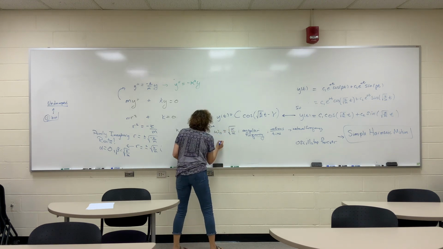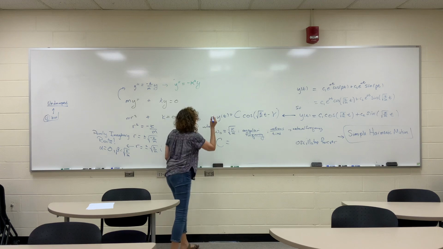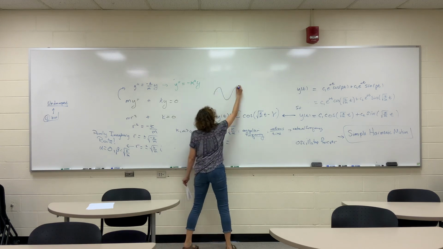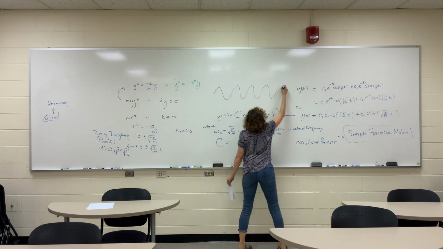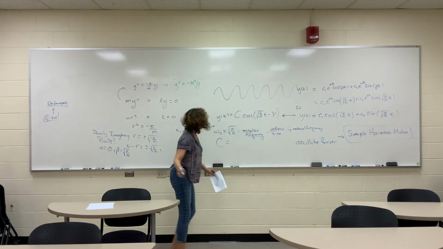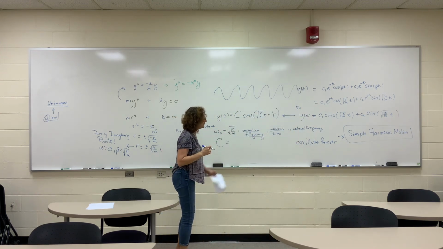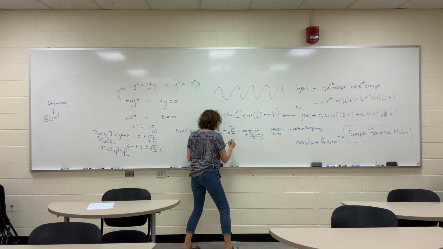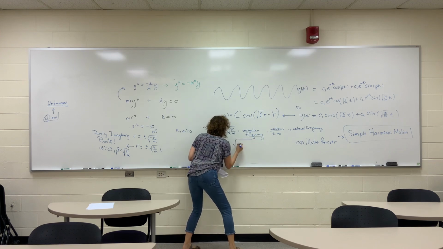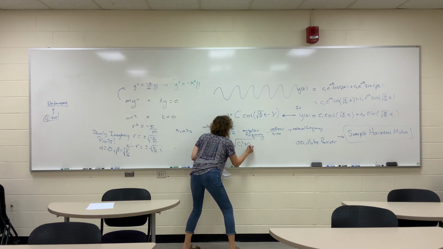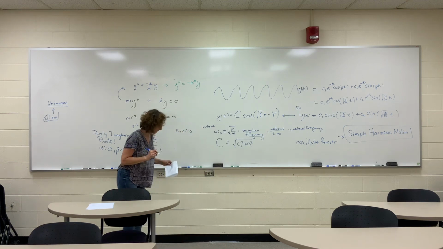Our constant C here is the amplitude of our wave, right? The amplitude of the simple harmonic motion wave, you can show, is the square root of C1 squared plus C2 squared. Hopefully you kind of get a sense of where that's coming from.